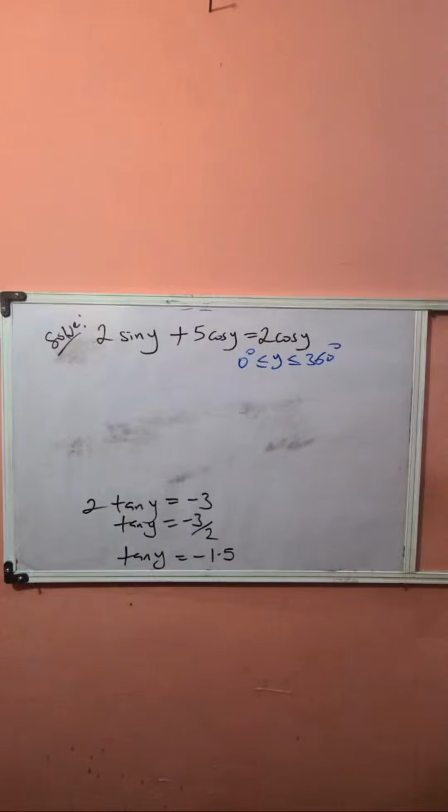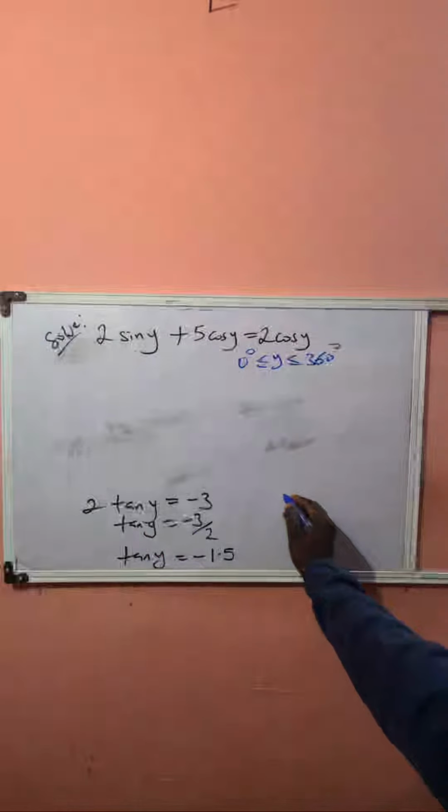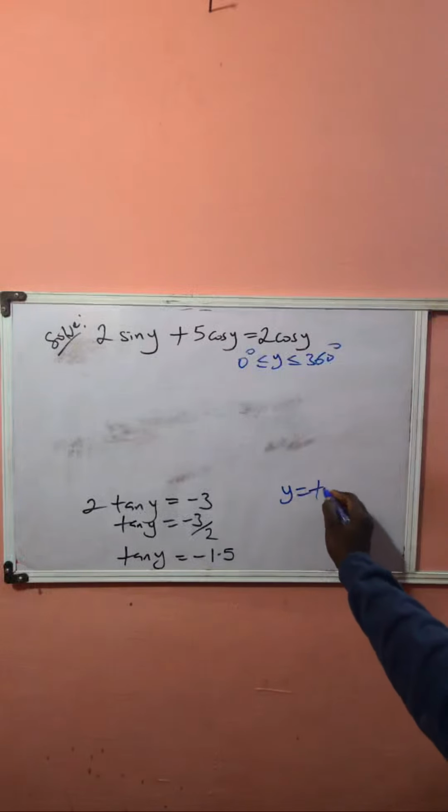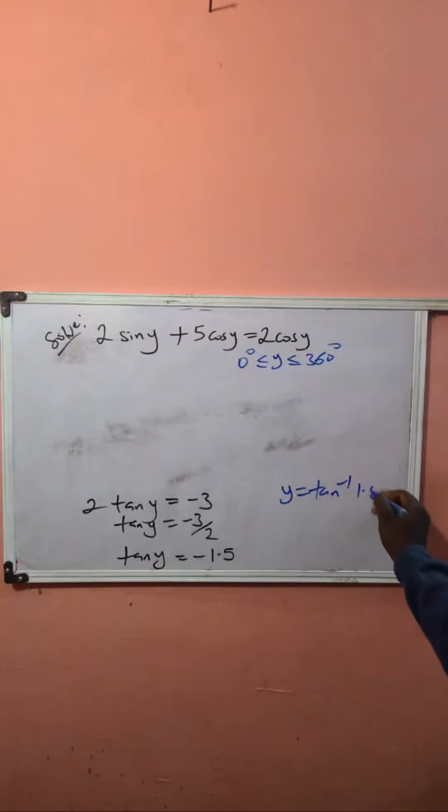We'll just go on to find arctan. So my y will be equals to arctan 1.5. I will ignore the sign.